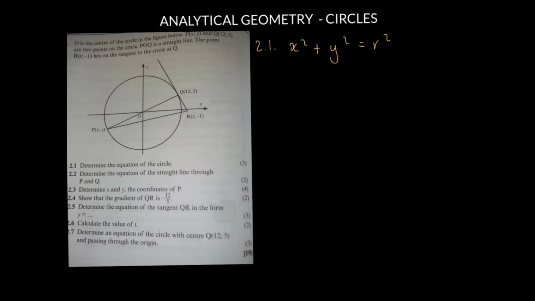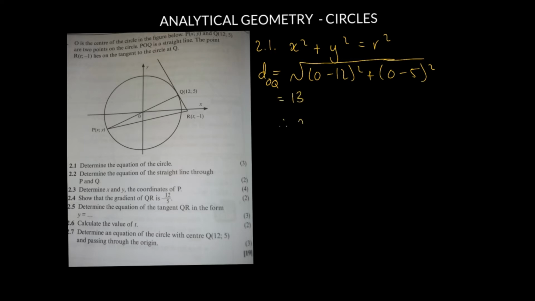The radius we can call OQ. So distance OQ would be equal to the square root of 0 minus 12, the change in x, squared, plus 0 minus 5 squared. And that would give us a distance of 13.